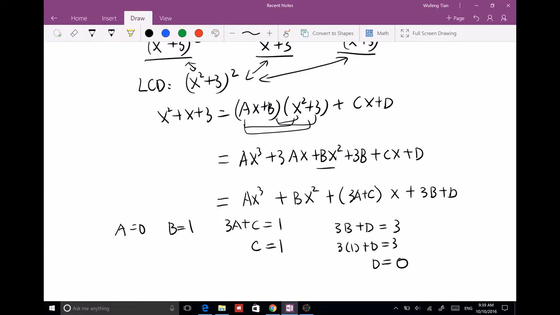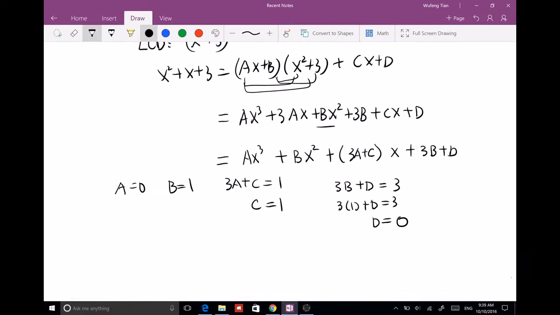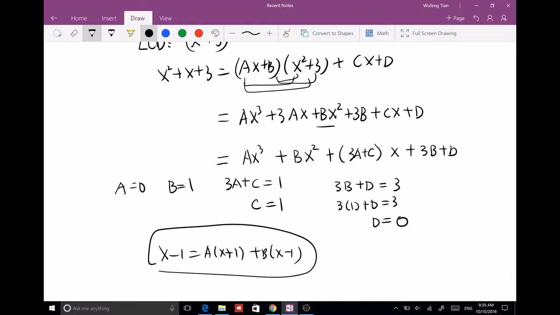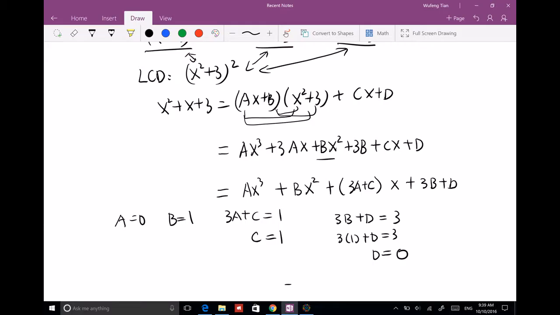Even for another one, for example, you have x minus 1 equals a, x plus 1 plus b, x minus 1. Like this kind of thing, you can also do the match coefficient. But this one specifically is much easier if you do the matching the coefficient.